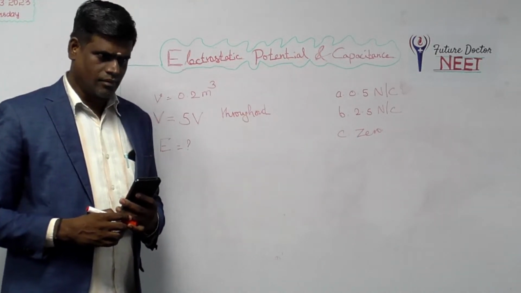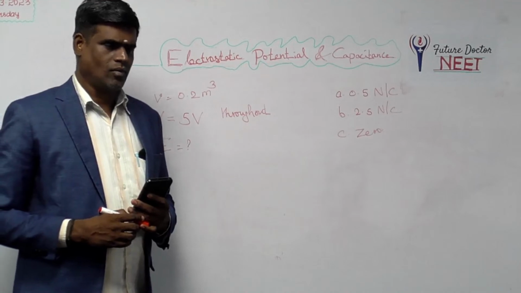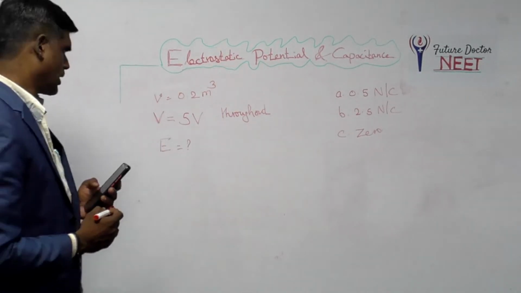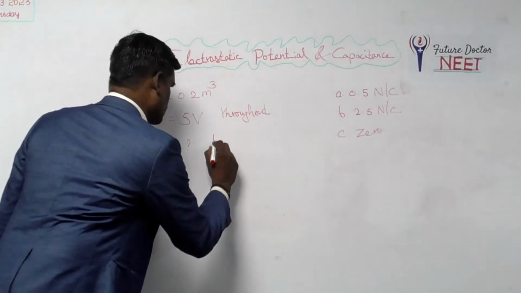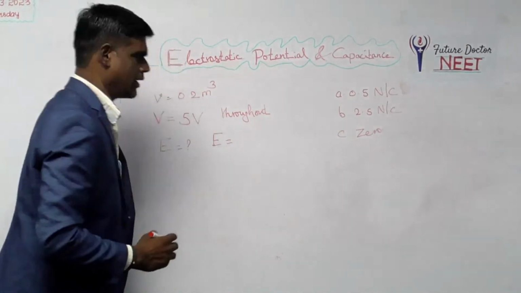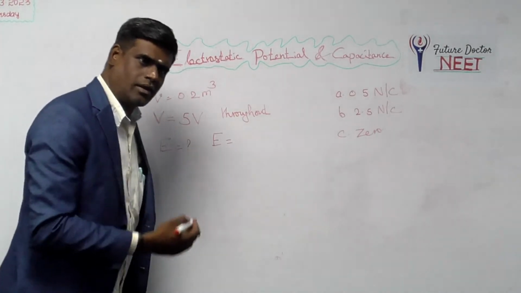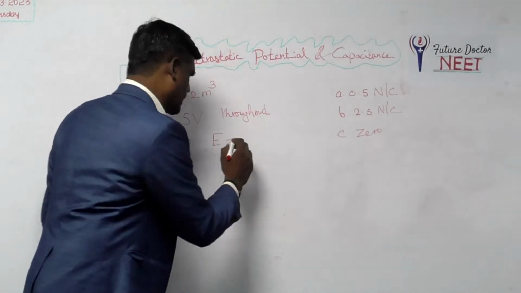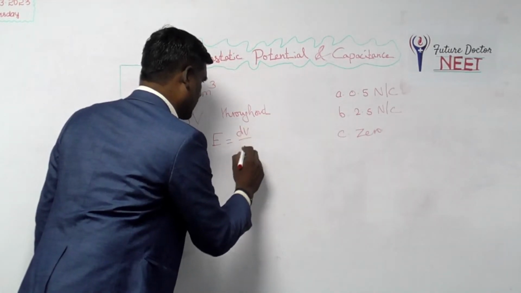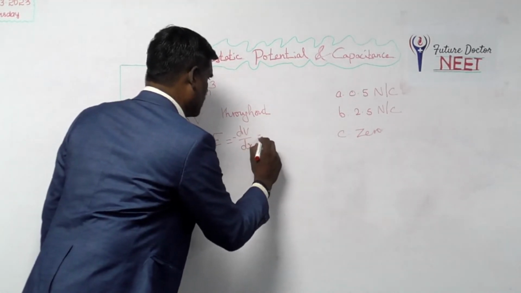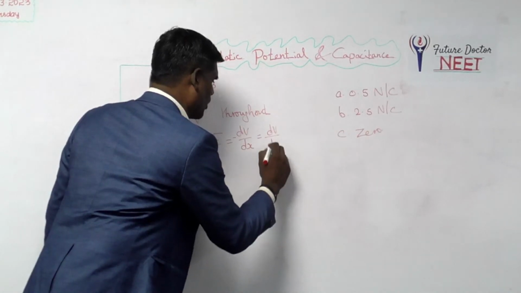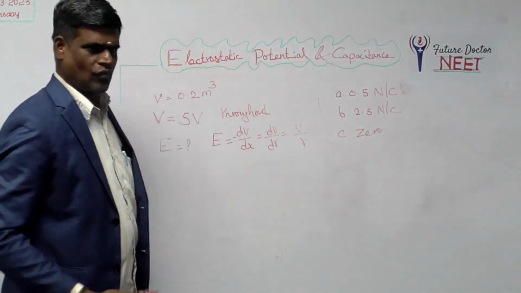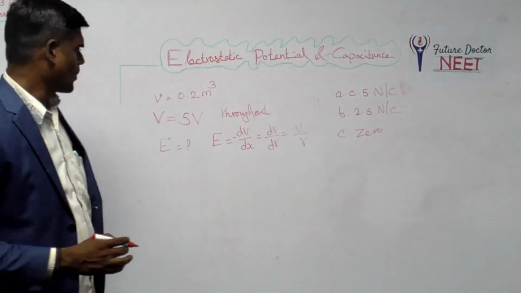E is equal to minus dV by dx. Correct. E equal to minus dV by dx, or dV by dr, V by r, like that I said different values. dV by dx or dV by dr, or just V by x, anything.